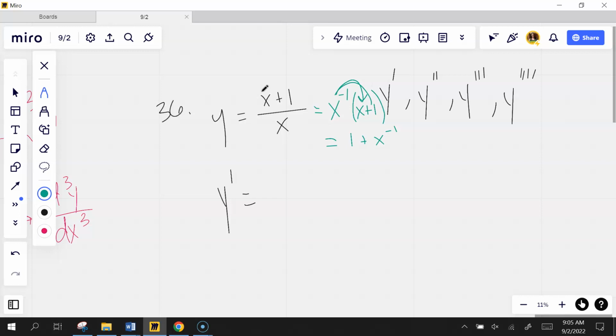What do y'all think? It looks a lot better. So first derivative. What's the derivative of 1? 0, so that's no good. And then what's the derivative of x to the negative 1? Negative x. That was a lot better than the quotient or the product, right?